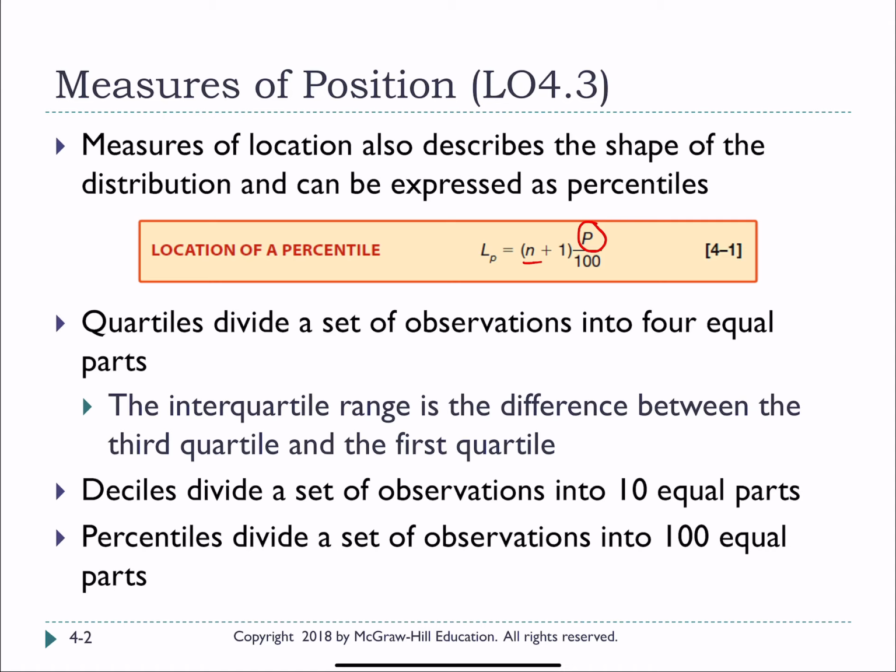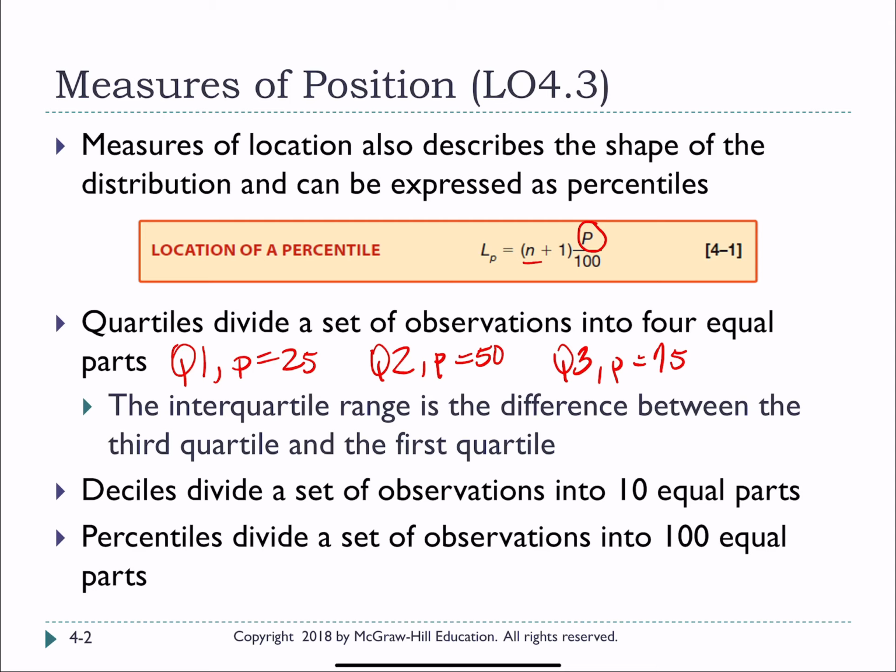For the first quartile, Q1, P would be 25. For quartile 2, P would be 50. And for quartile 3, P would equal 75. And N is just however many observations or values are in our data set.